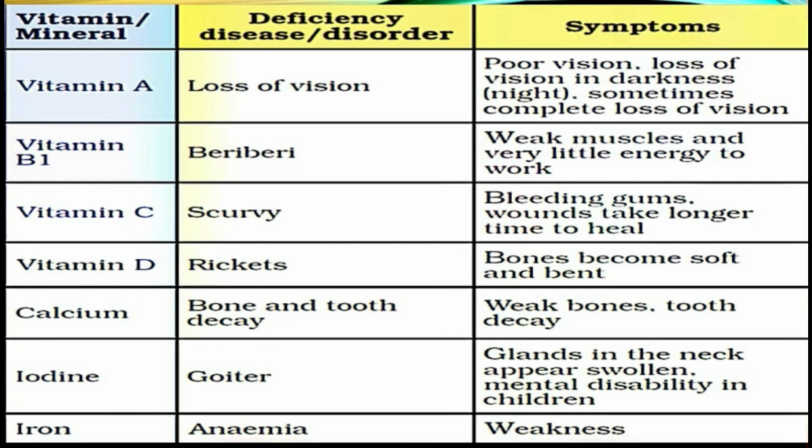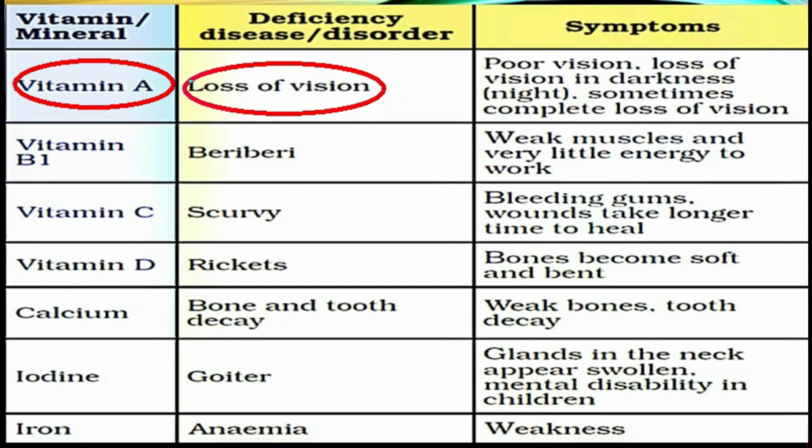As you can see here, firstly, the first one is vitamin A, and the deficiency disease caused by vitamin A is loss of vision, meaning we can't see properly, and some symptoms are poor vision. Loss of vision in darkness means we can't see properly in the darkness. Sometimes there is a complete loss of vision also due to the deficiency of vitamin A.